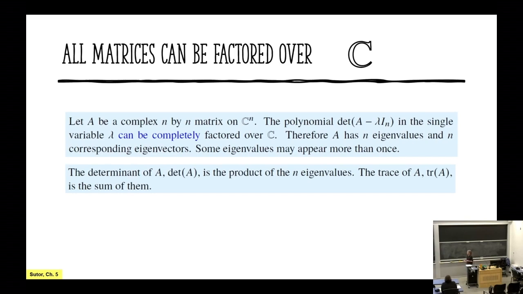And some of those eigenvalues may appear more than once, and so we say that those values have a multiplicity greater than 1. And the determinant of A is the product of the n eigenvalues, and the trace of A is the sum of them.